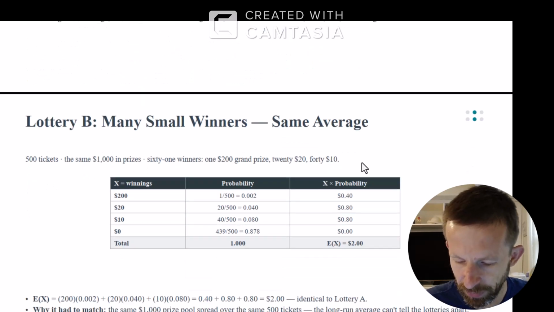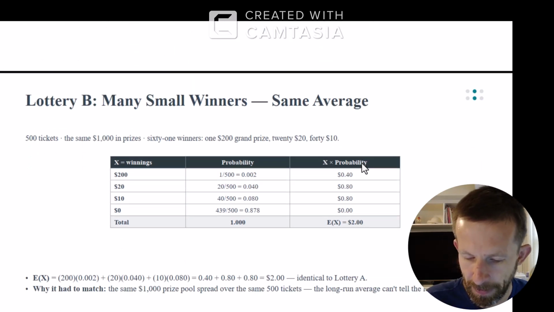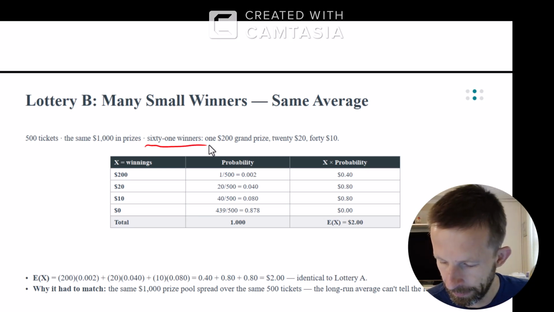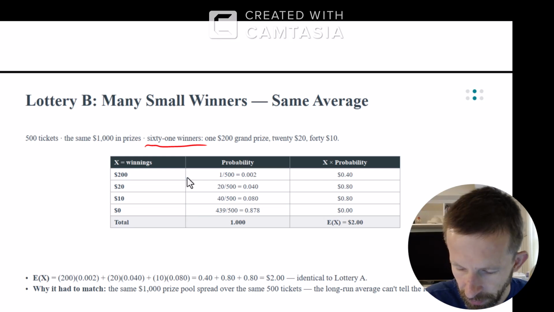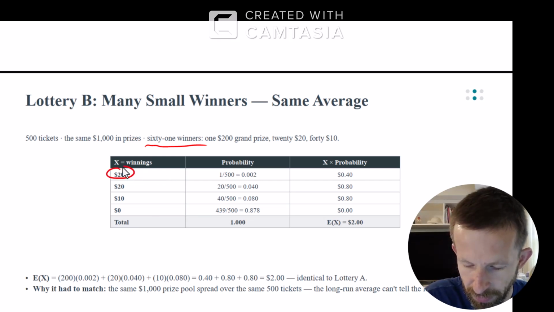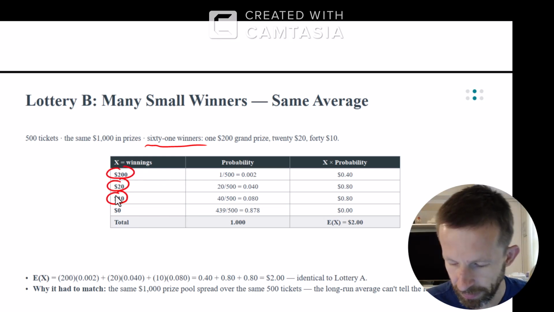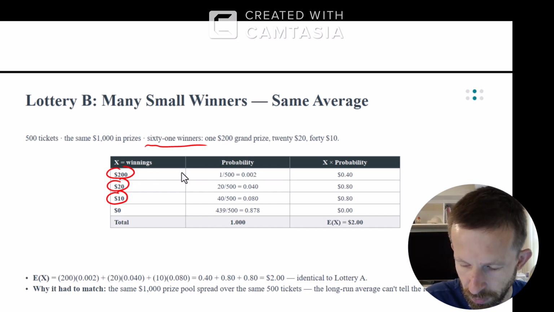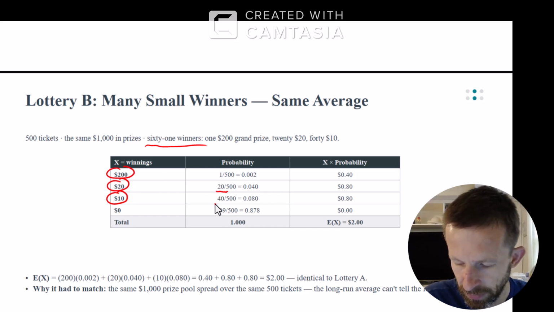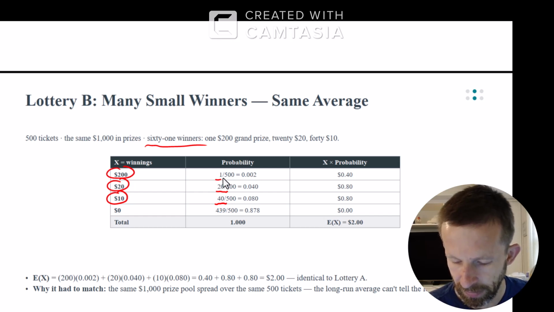All right, we can have another situation where now, instead of 10 winners, we have 61 winners. You can win $200, $20, or $10. There's only one $200 ticket, there are 20 $20 tickets, and there are 40 $10 tickets.